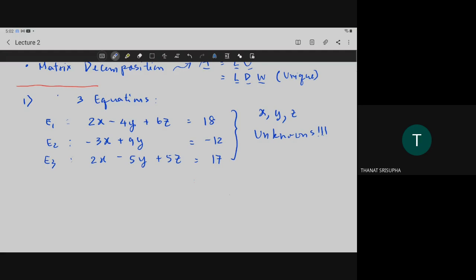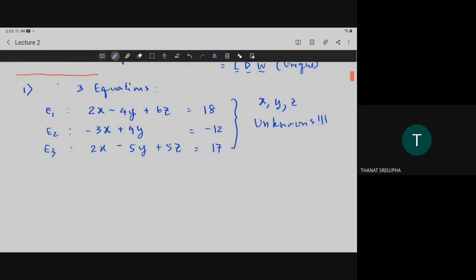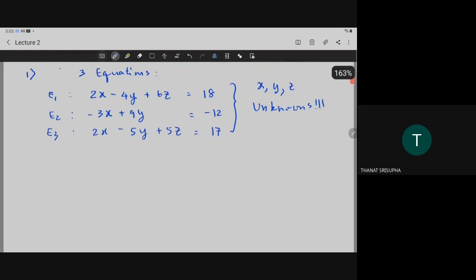So in order to solve this equation, there are different ways to do it. You can eliminate some of the variables, right? That's one way. Secondly, you can also use a matrix form of this equation.